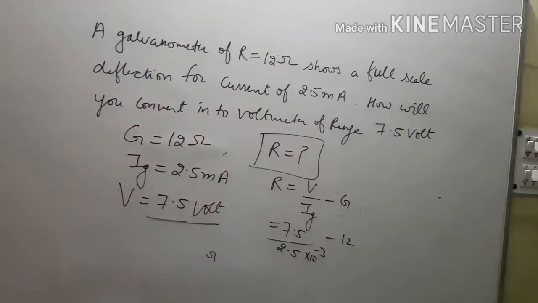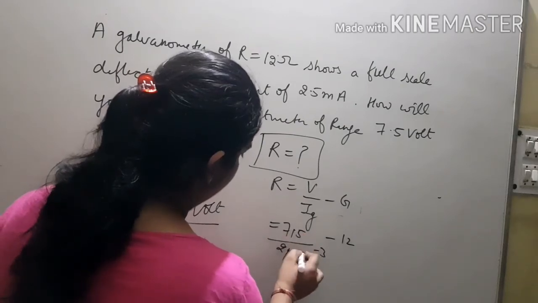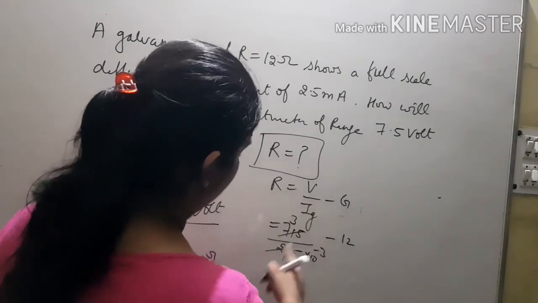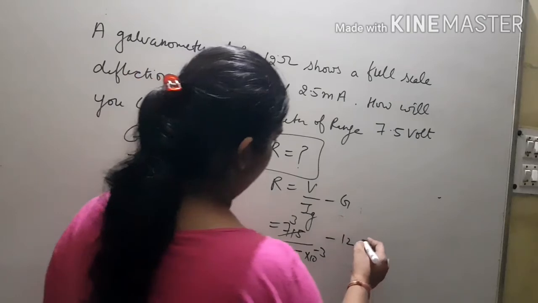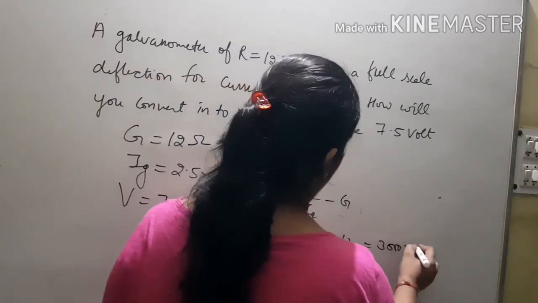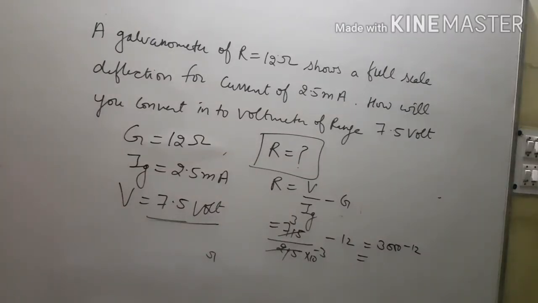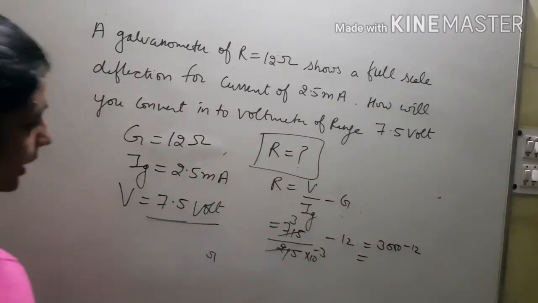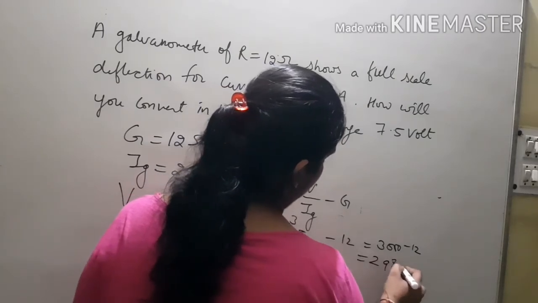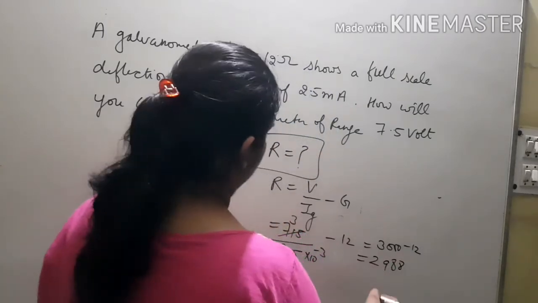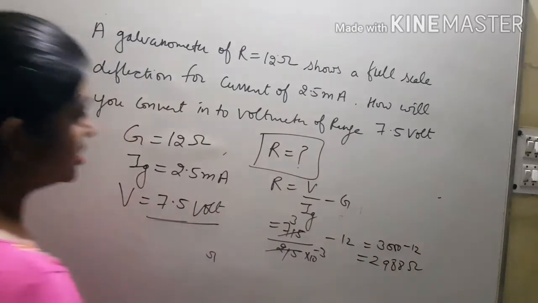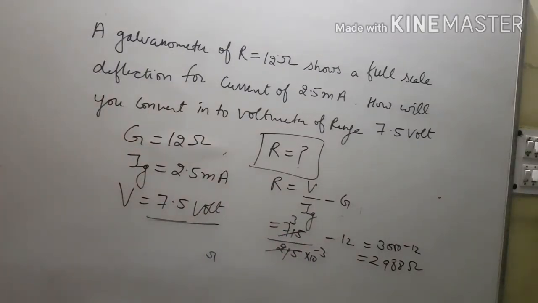So by this you may find the value of R. That has become 3000 minus 12, that is 2988.